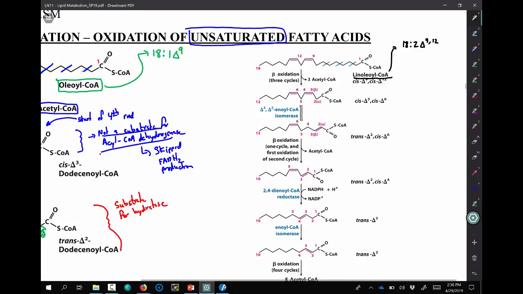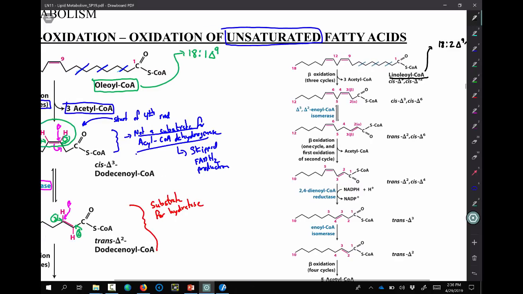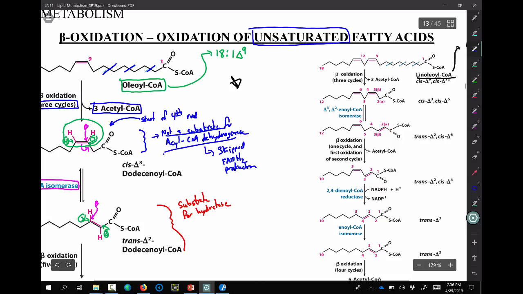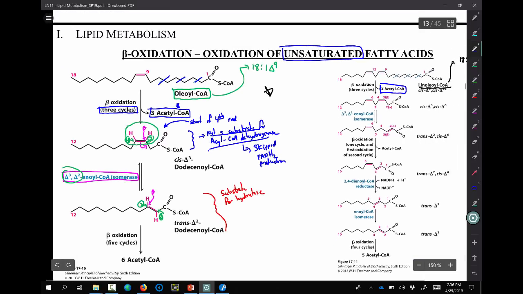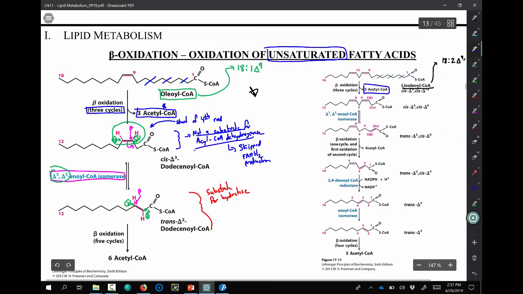We've already dealt with what happens with the 9th carbon. We dealt with it over here, so that's going to happen as we've already discussed. I'll try and use the same coloring scheme. We talked about the 3 acetyl-CoAs, 3 rounds of beta oxidation. Let me zoom out a little bit. So 3 cycles. We then get the isomerase.